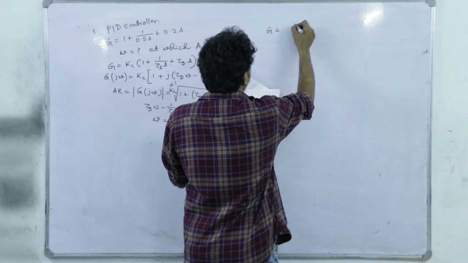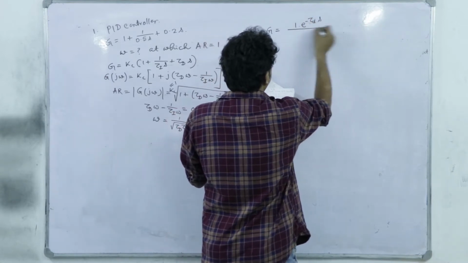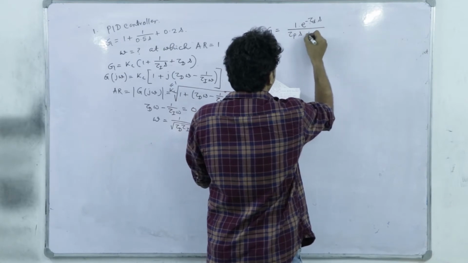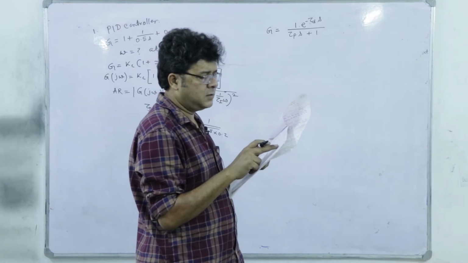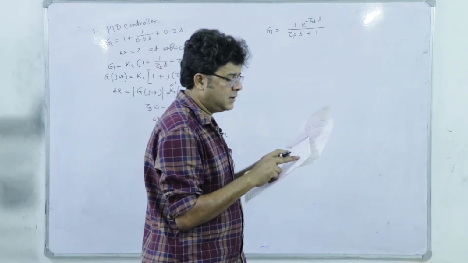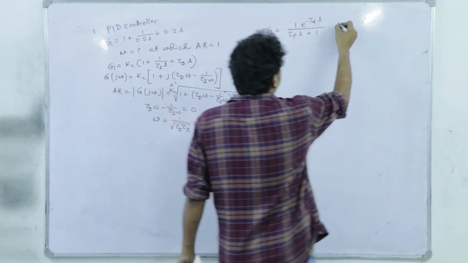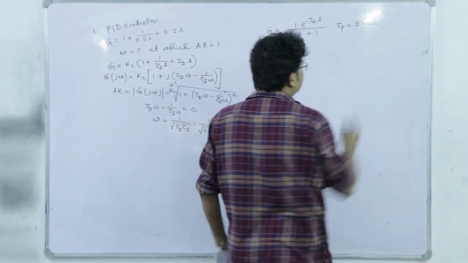So, unit gain: G equals 1 e to the power minus tau d s divided by tau p s plus 1. According to the statement, the time constant of the first order process is 5 minutes. So, tau p is equal to 5 minutes.